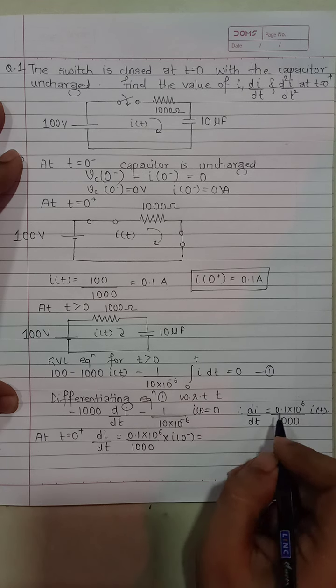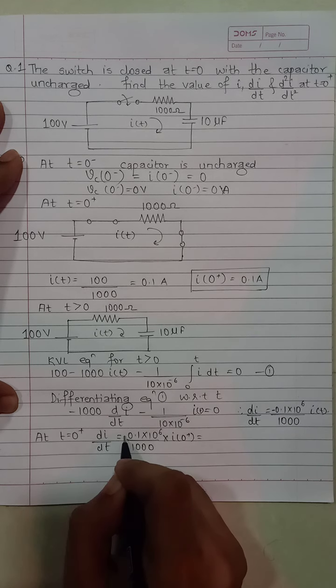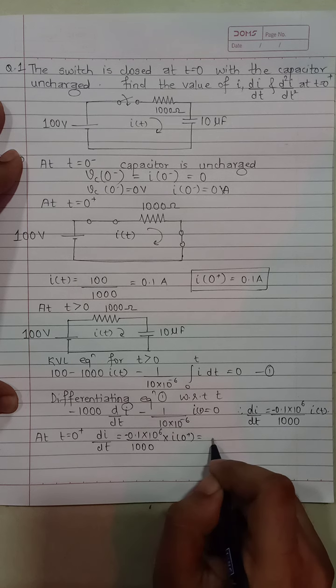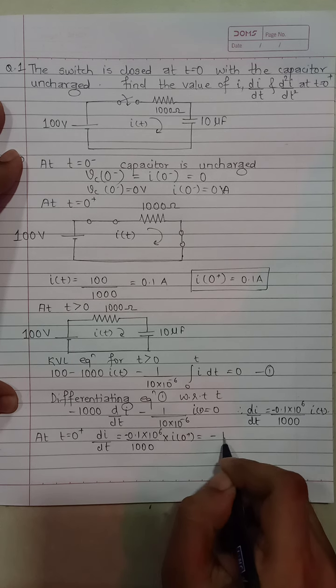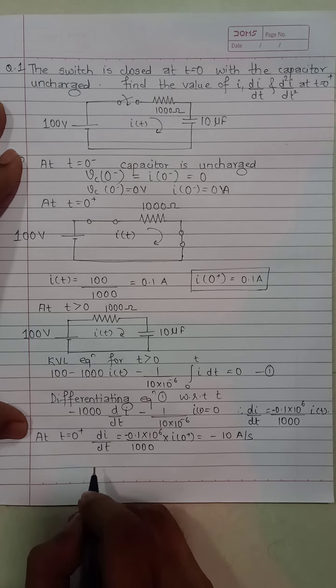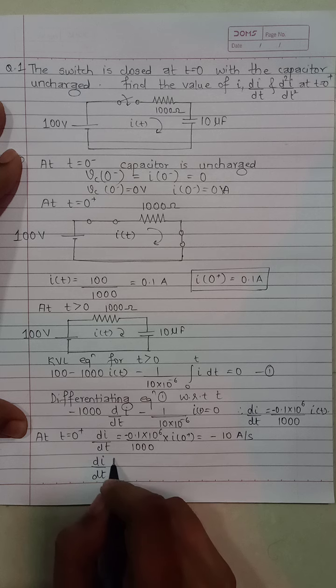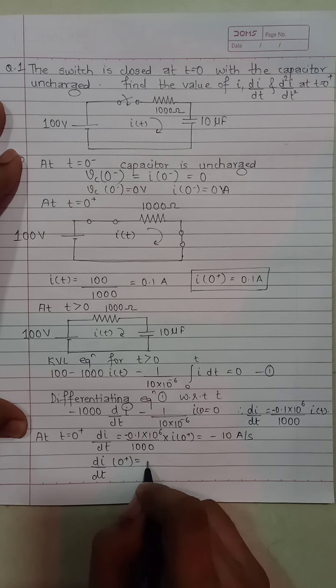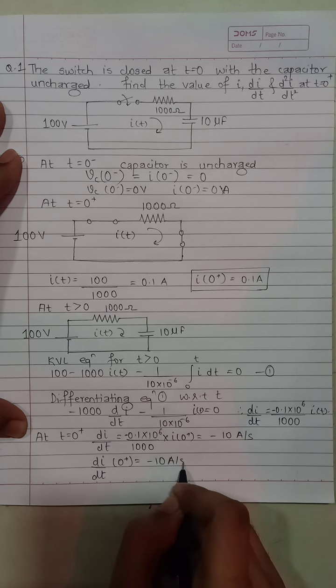This will be minus, so you will get minus 10 amperes per second. So you have got di by dt at 0 plus to be minus 10 amperes per second.